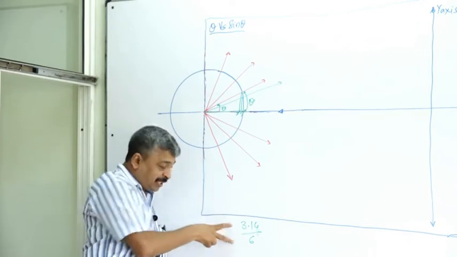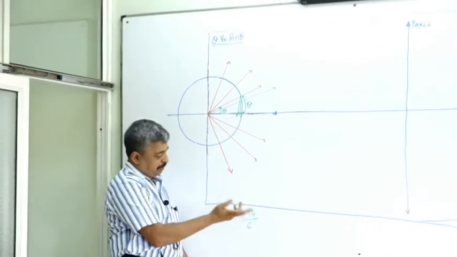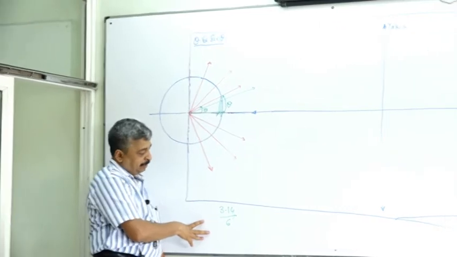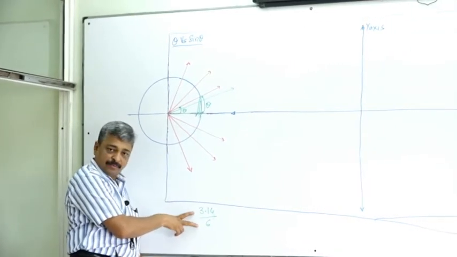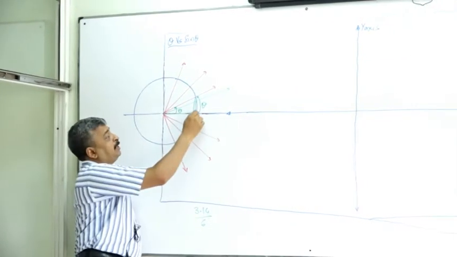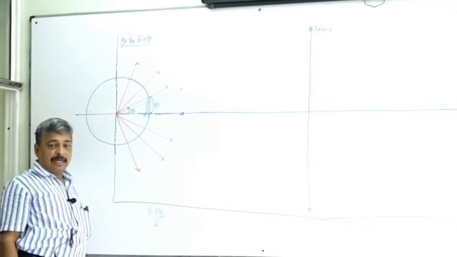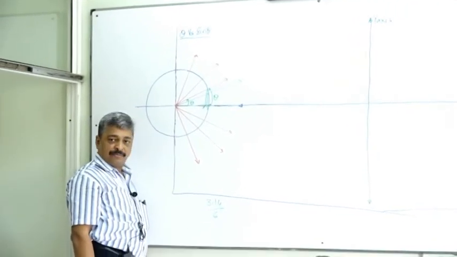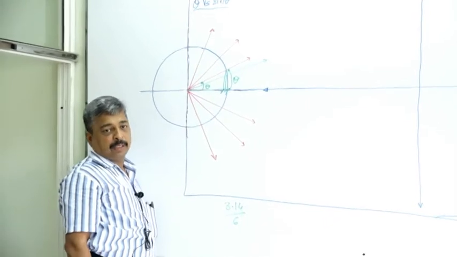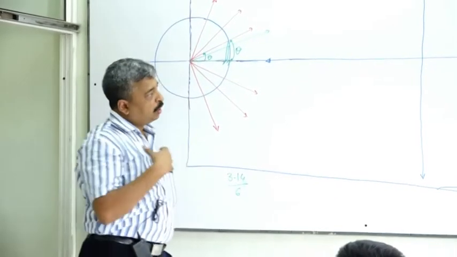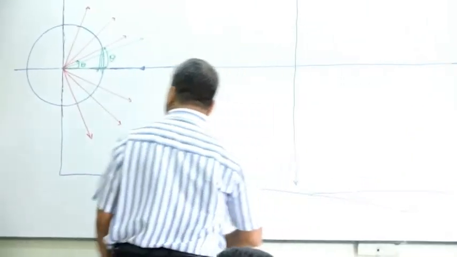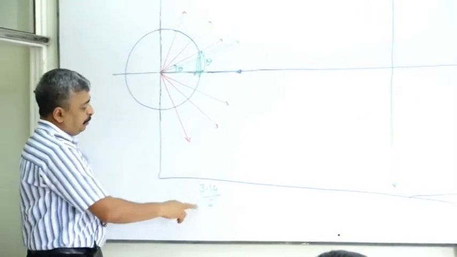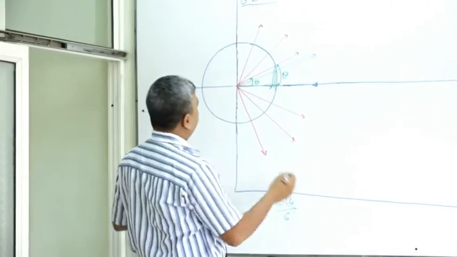So whatever this numerical value is, say for example, a little greater than half. So actually this distance will be a little greater than half the circumference. Okay. So this advantage I will take.